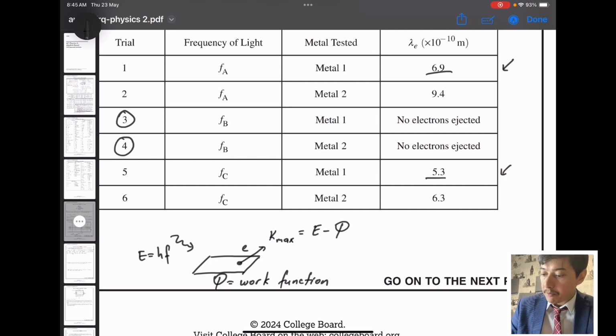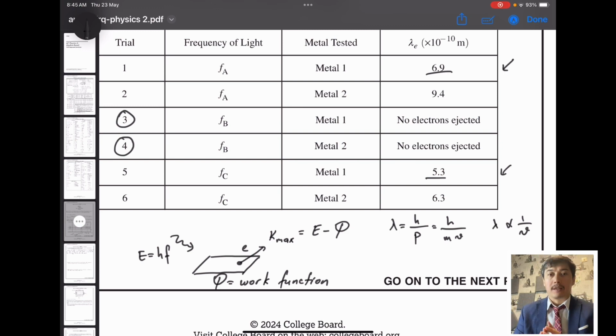Here, we must remember the de Broglie wavelength equation, which is equal to Planck's constant h over momentum, which can be written as Planck's constant divided by mass times velocity. So we can see that de Broglie wavelength is inversely proportional to the speed.